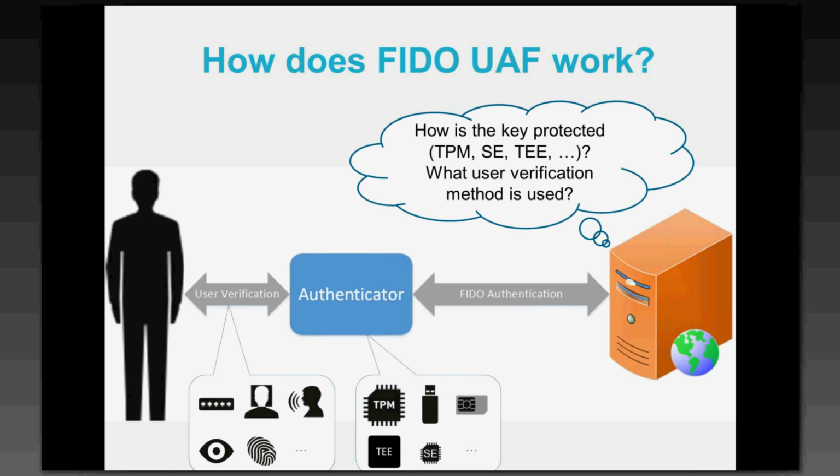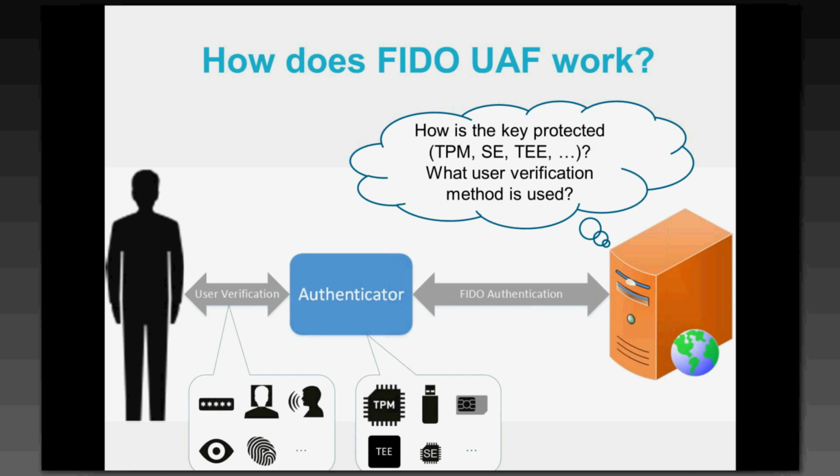Now, I said we can use various user verification methods and various ways to implement the authenticator. Now, the security of authentication depends on the user verification method and on the implementation of that authenticator. It's different to implement an authenticator in just normal software running in a rich operating system like Windows or Android, or using a TPM or a secure element or a TEE, trusted execution environment.